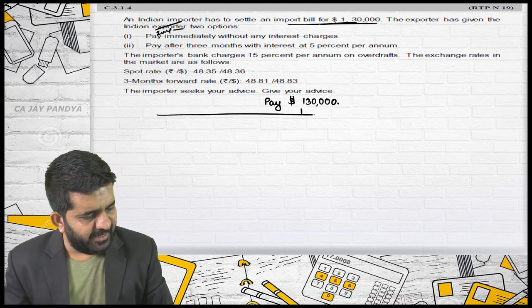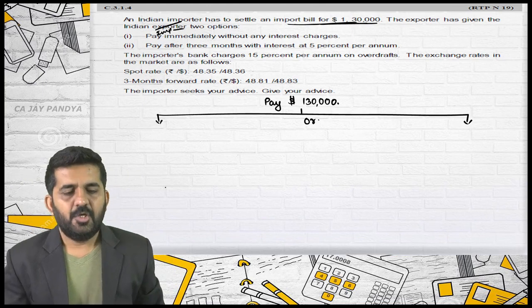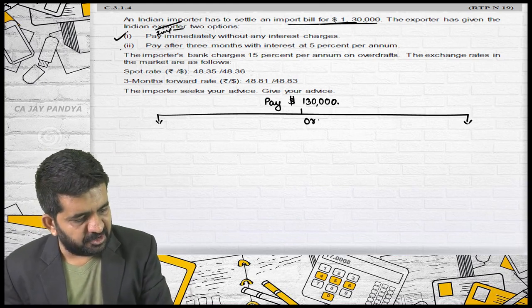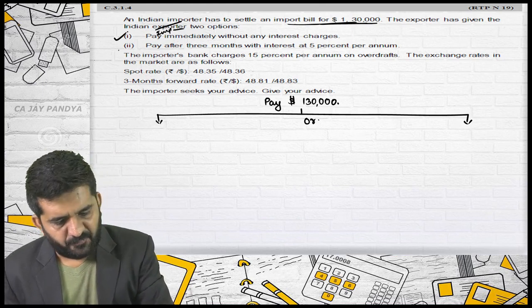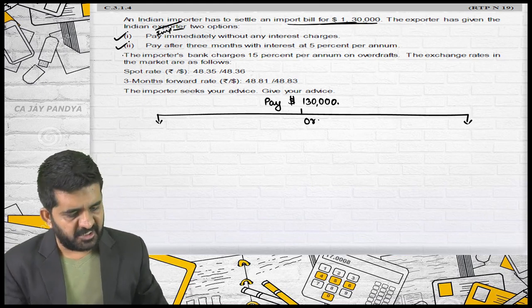Pay immediately without any interest, or pay after 3 months with an interest of 5% per annum. That's all right. So what option is given?